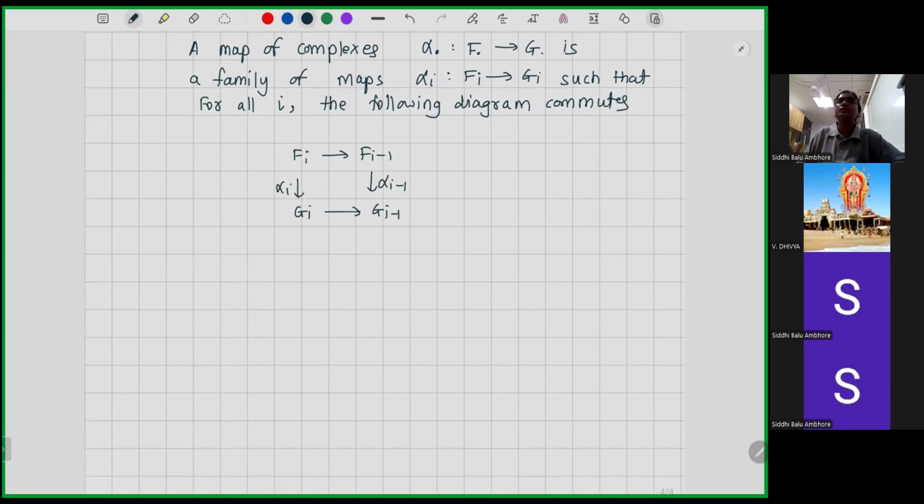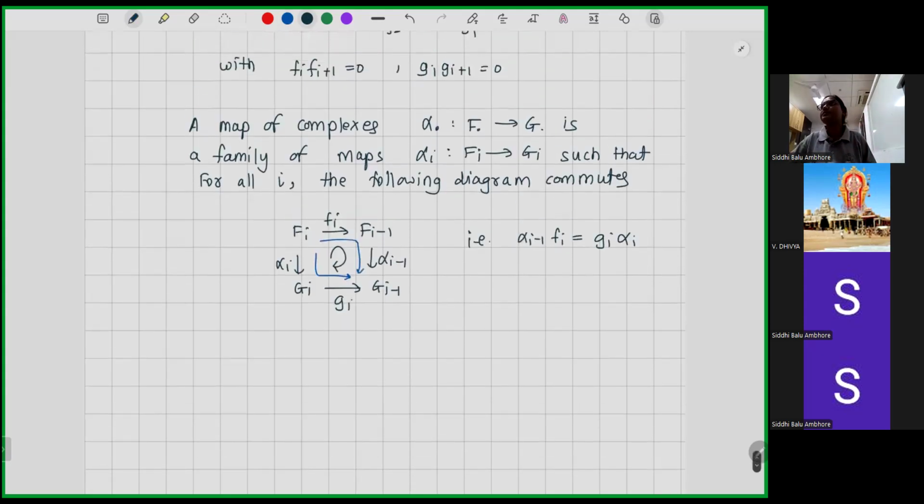What does it mean that this diagram commutes? That alpha i minus 1 composed with fi is equal to gi composed with alpha i. The map from here to here and the map from here to here must coincide.